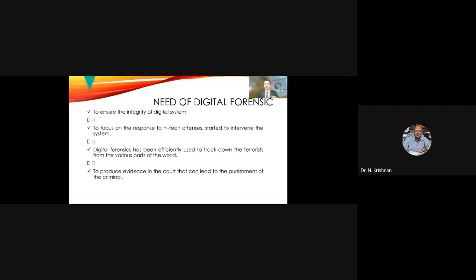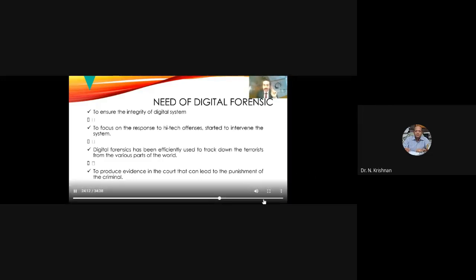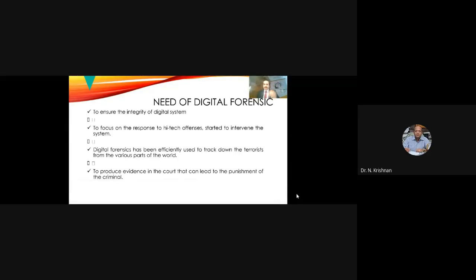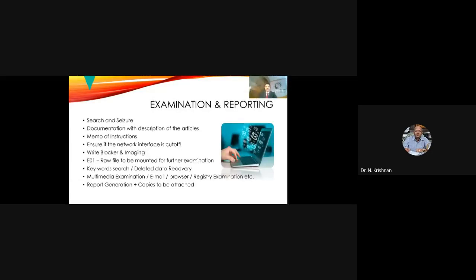It can be not just terrorists. Terrorists are one category of criminals, but in the Information Technology Act, a big list of cyber crimes is reported, to effectively demonstrate that digital evidences and the digital examination process are very, very important to demonstrate such kind of data.